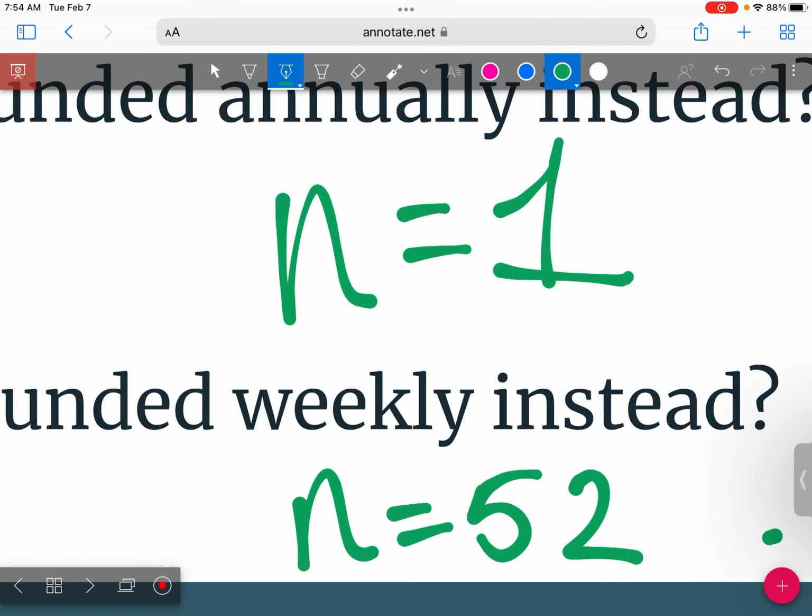It's up to banks to choose how they compound. As we go more into it, there is a limit on how small we can go. We can do annually, monthly, weekly, daily, hourly, minutely, secondly.